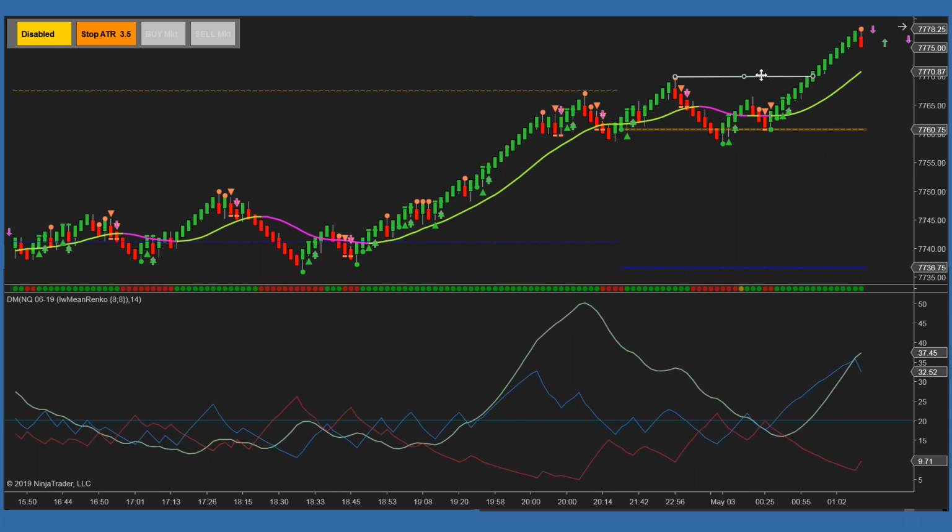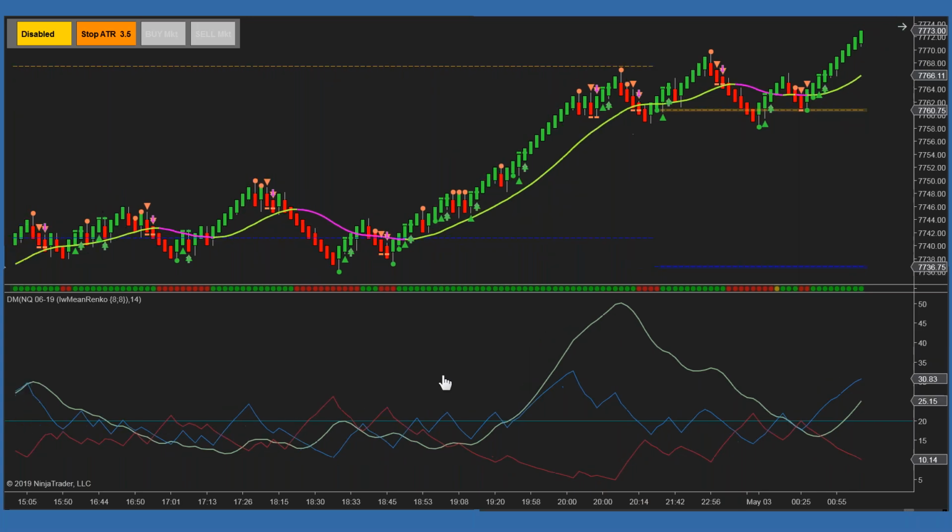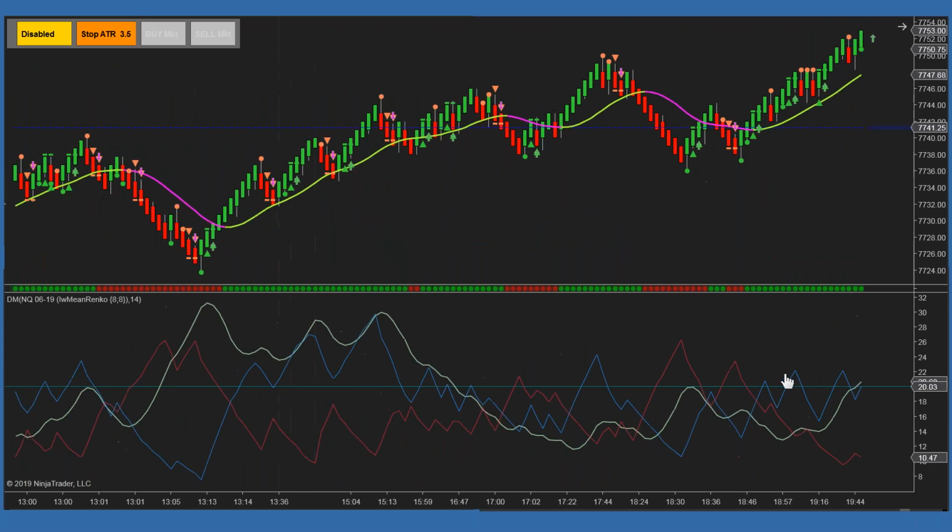So by monitoring the ADX and the market pressure overall, you can get a little bit of an insight into who is stronger in the marketplace. And what you're watching is you're watching these peaks relative to each other.